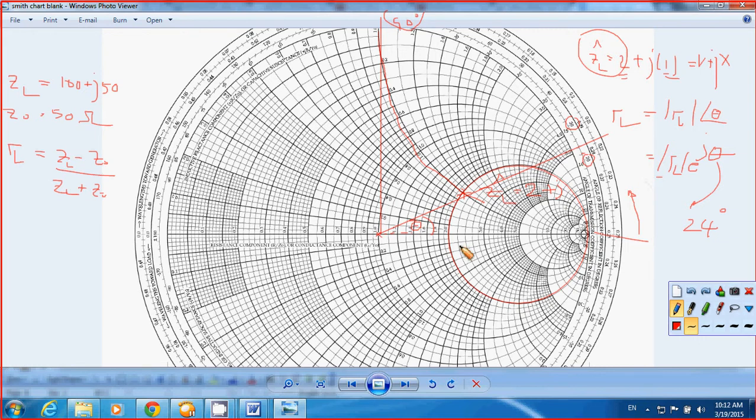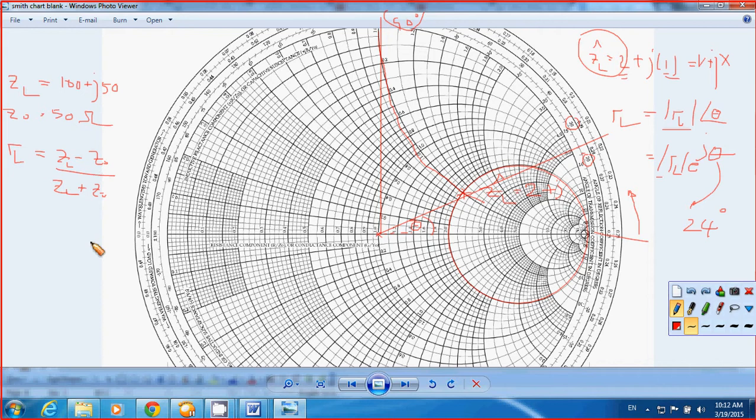Now the next step, since tau L, you need to consider what is the maximum magnitude of tau L. When you're talking about a coefficient, the magnitude is not greater than 1. The magnitude is going to be between 0 and 1.